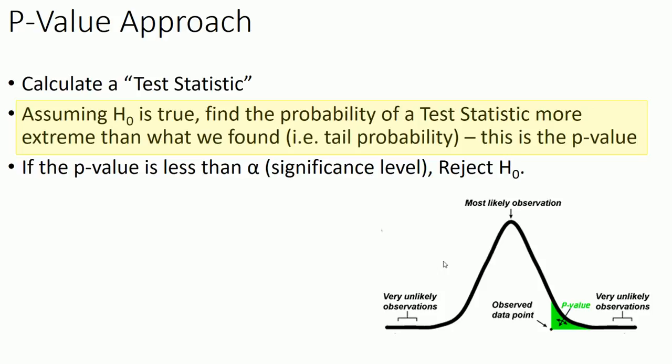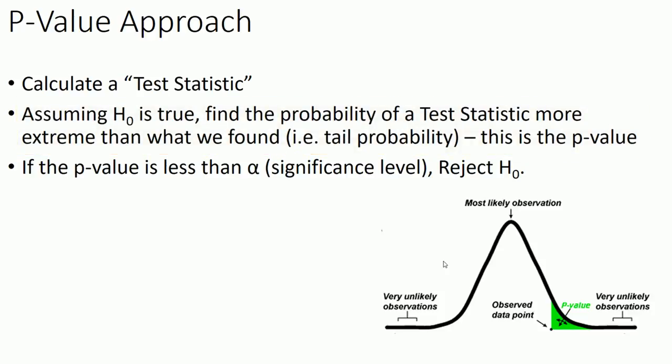Then we find the probability that the test statistic would be more extreme than the test statistic that we actually observed from our data. That probability is this shaded area in the tail, or it would be in two tails if it was a two-sided test. That probability is the p-value.